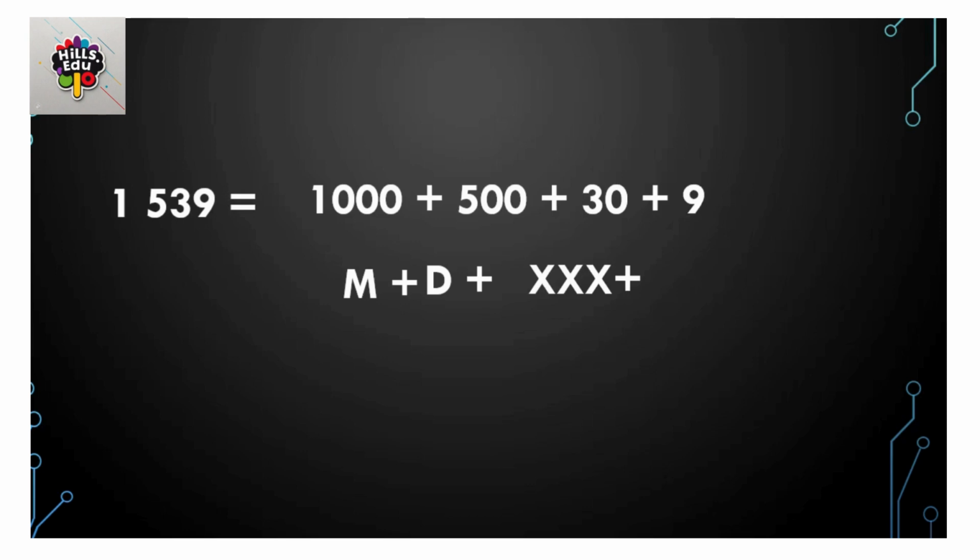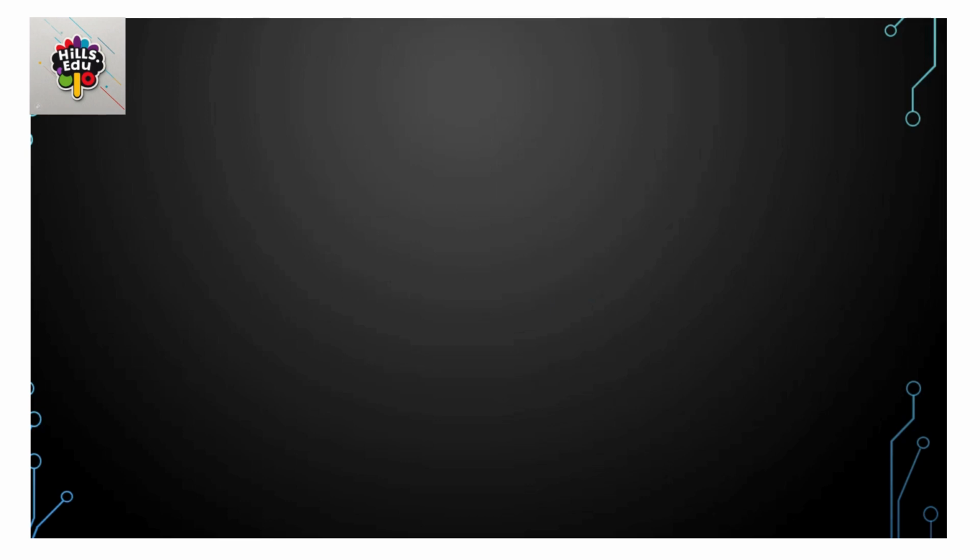And 9, what represents 9? That is 10 minus 1. That is IX. So you have it this way. The next thing you do is remove the plus signs and merge them together. So you have MDXXXIX.